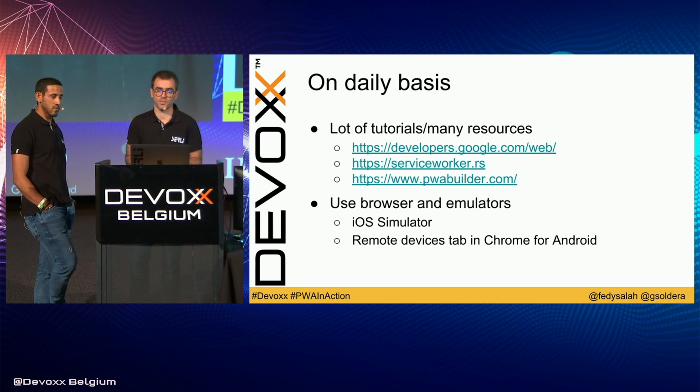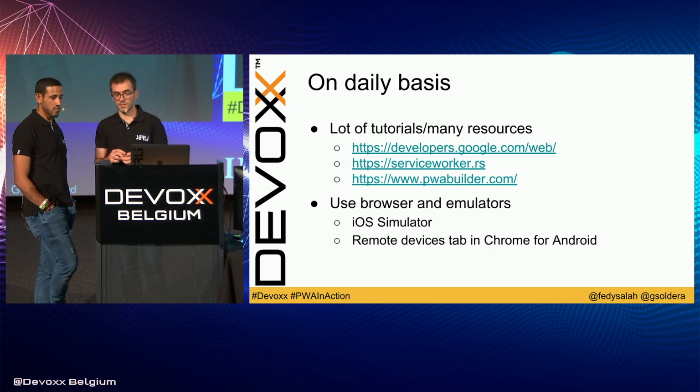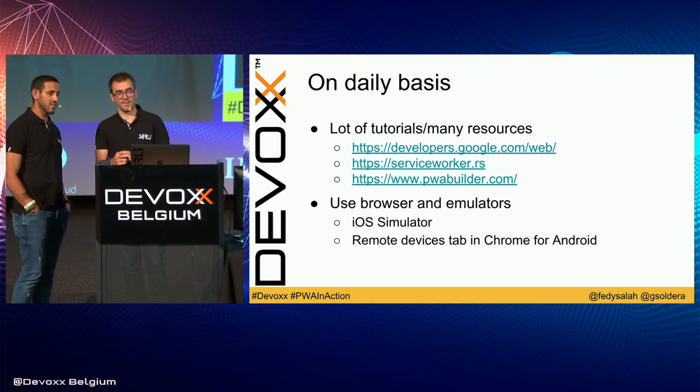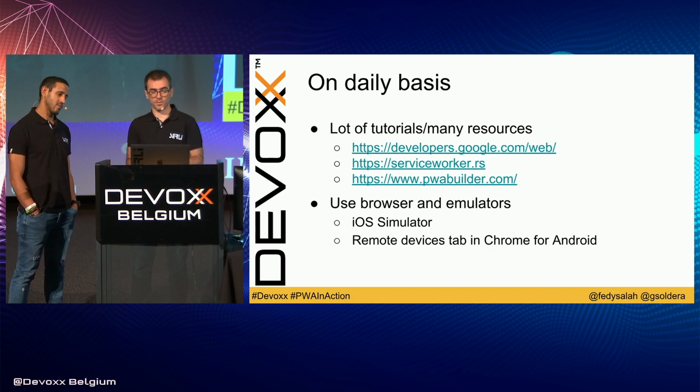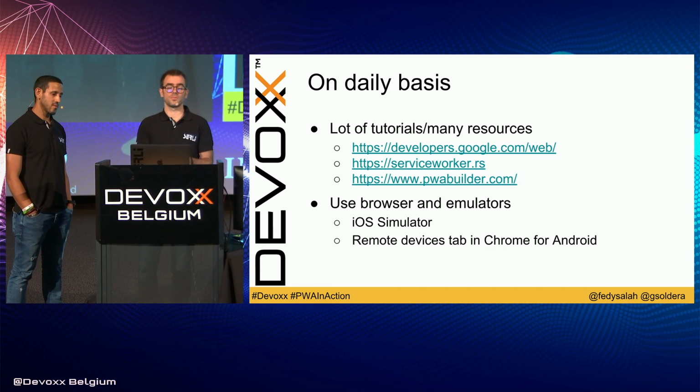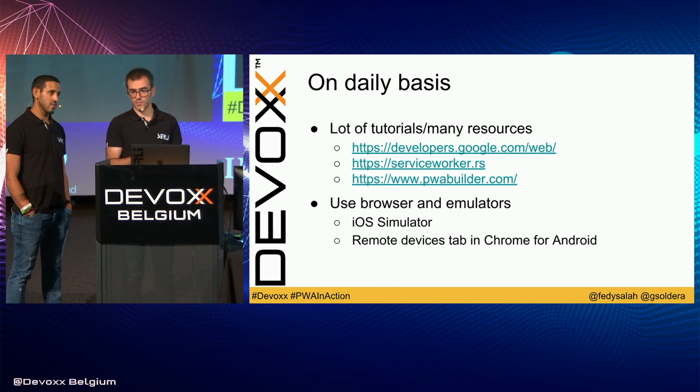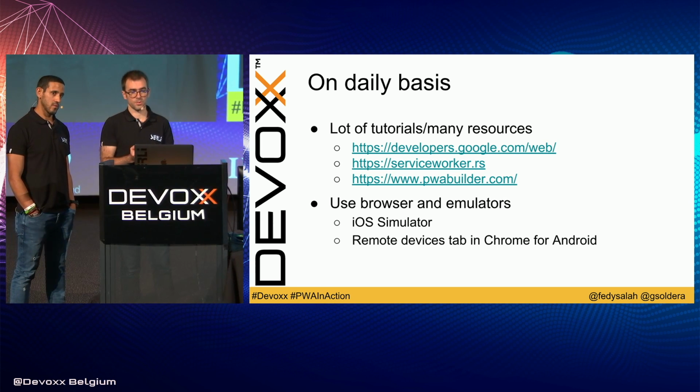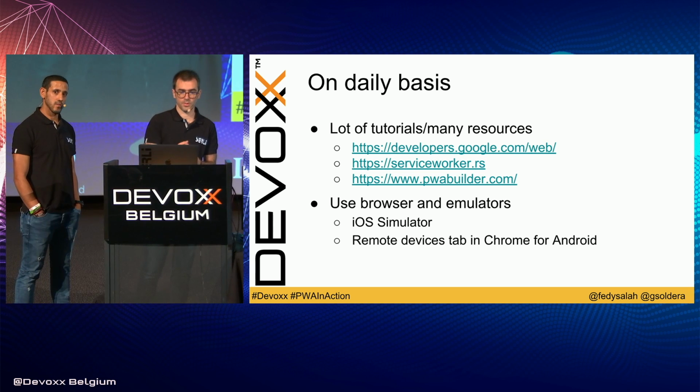We have many resources. For me, the main one is developers.google.com, and since yesterday there is web.dev, I think. There are other links to help you build your service worker with different strategies, and serviceworker.rs or www.pwabuilder.com.